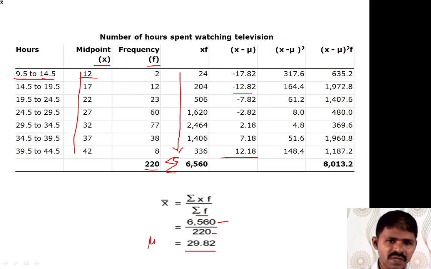So the next step is to square. Once we square, the signs all become positive, and we have to multiply with the frequencies.